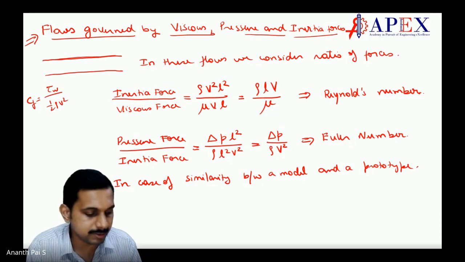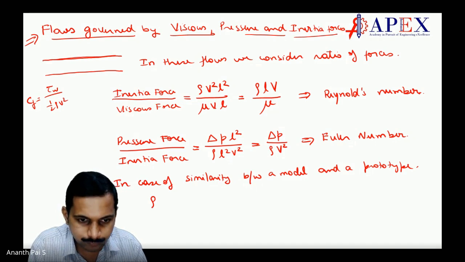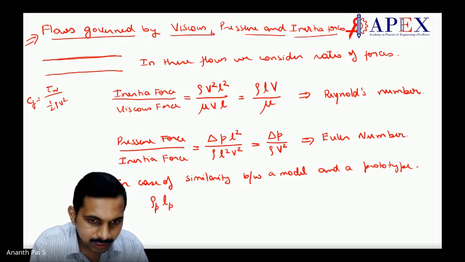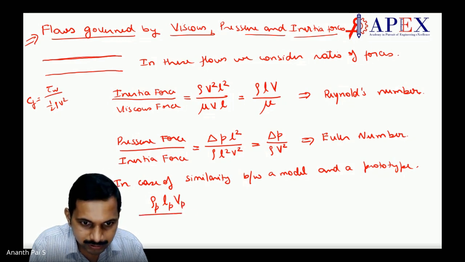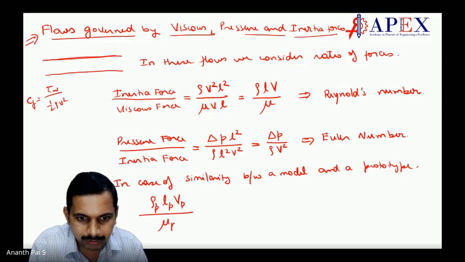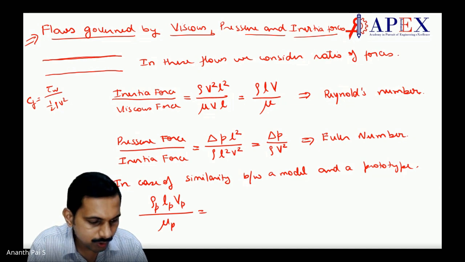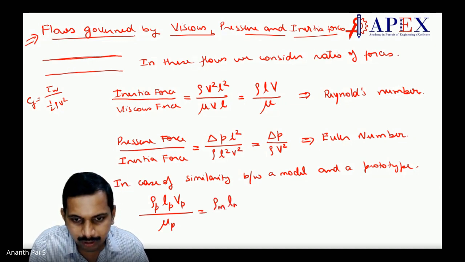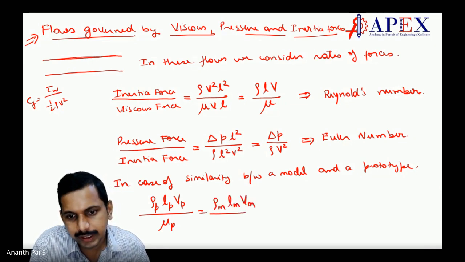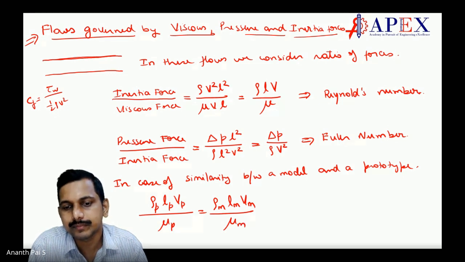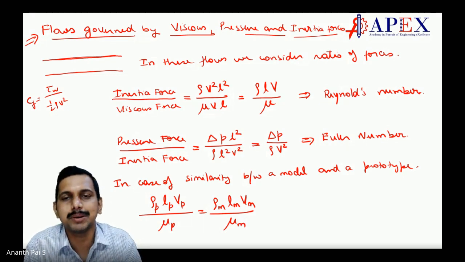For dynamic similarity, one is rho of the prototype, length L of the prototype, and V of the prototype divided by mu P should be equal to rho of the model, L of the model, V of the model divided by mu of the model. This is what Reynolds number being equal means.